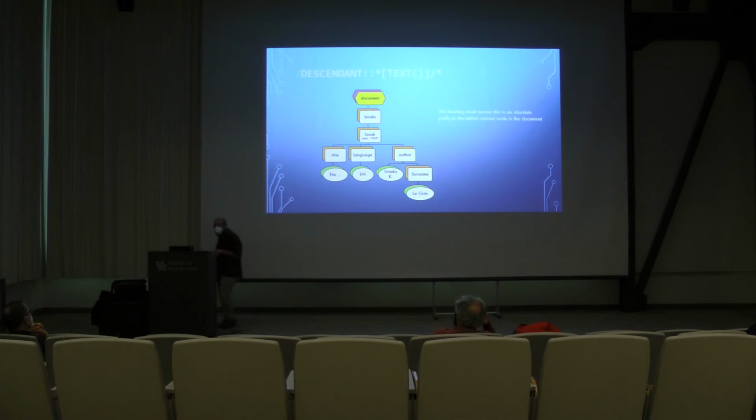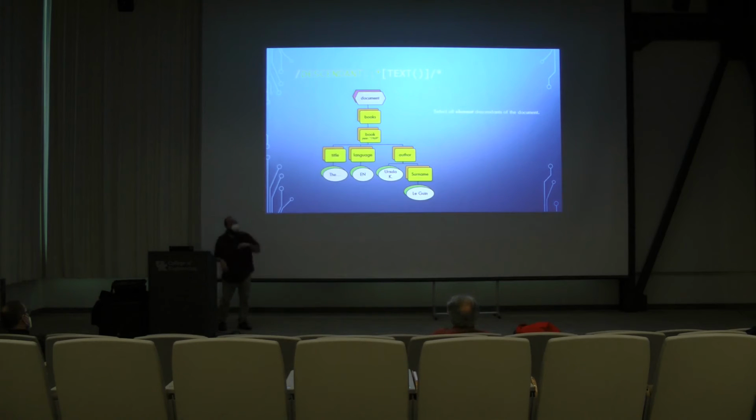Okay, so here's an example of evaluating something that's a little more complicated. It has a predicate. It has the star, which, remember, is the node test. That means I want an element. So again, it starts with a slash, so this is an absolute path. descendant::* means all of the descendants of that node that are elements.